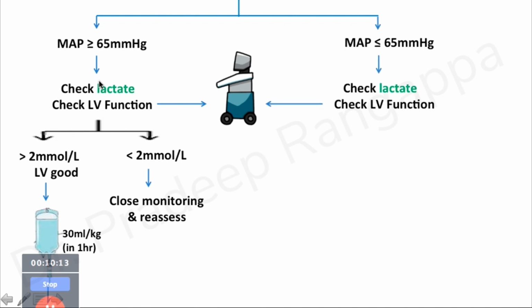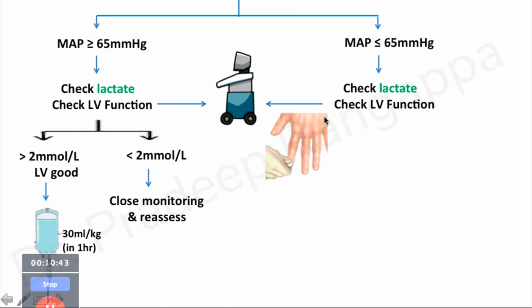So this is in a situation where blood pressure has improved, but lactate is something you're monitoring. Suppose after the initial resuscitation, your MAP is less than or equal to 60, which means after initial resuscitation also your blood pressure is still low, then again you would check lactate, check LV function, and at this point of time you have to assess your capillary refill.